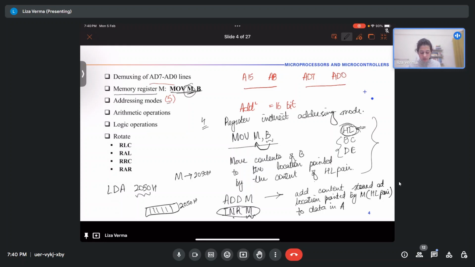So this instruction will increment this data by 1. Like if the data was 44, it will increment it to 45.